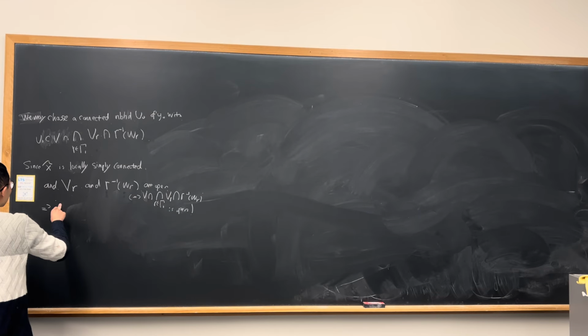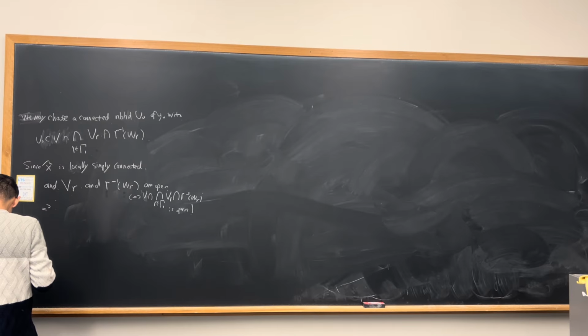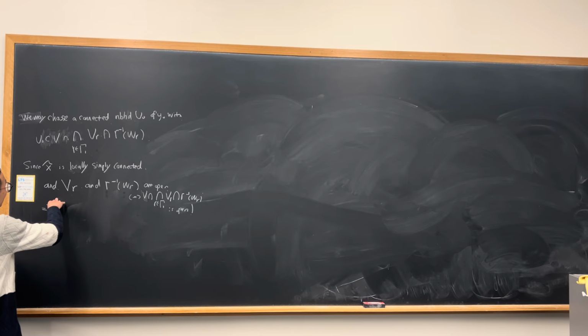So therefore, because this X is locally simply connected, we can pick the connected neighborhood of this set.